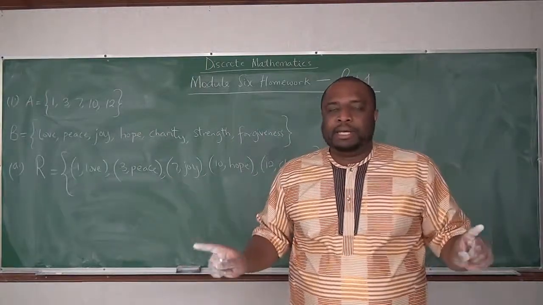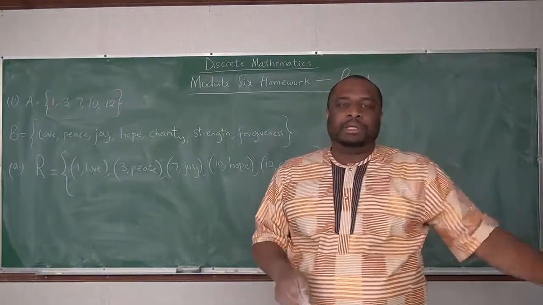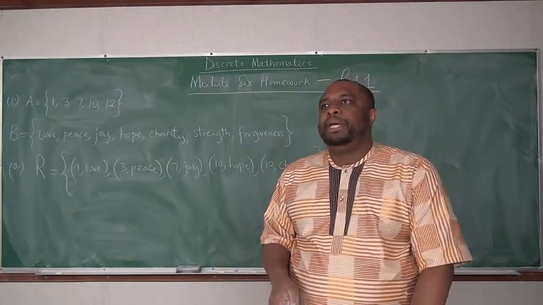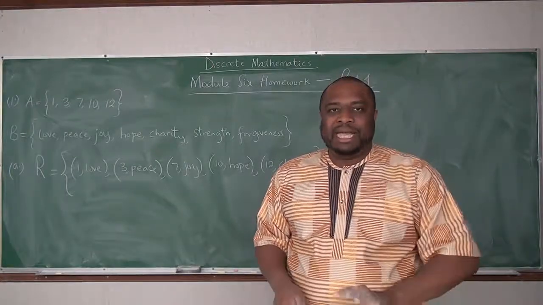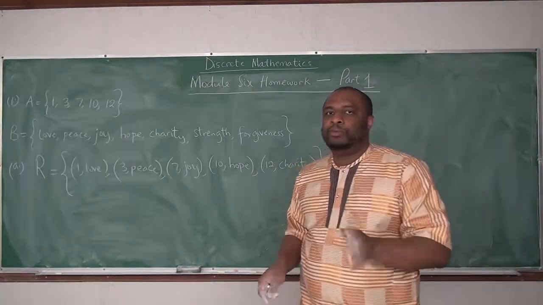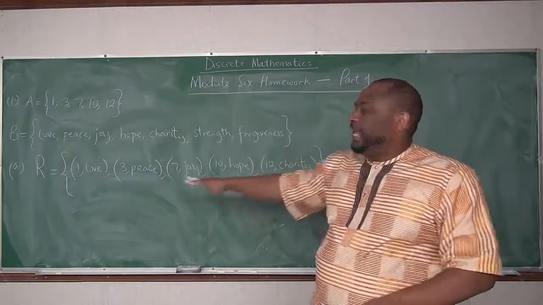You cannot have an input having 2 different outputs in a function. A function will be each input has a unique output. Now a 1-2-1 function will be each input has a different output, just like I wrote.